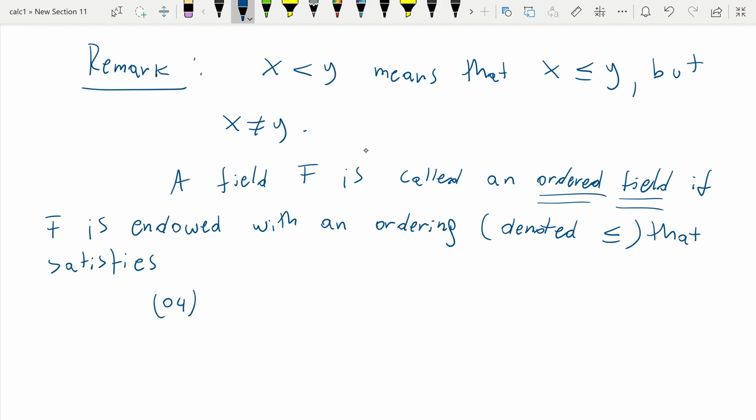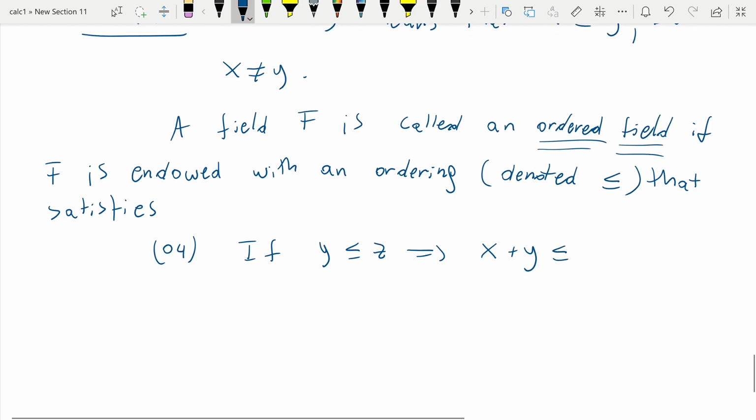So there's an interplay between the ordering and the operation. So if y is less than or equal to z, then we want that if we add x on both sides, then we keep the inequality as it is.